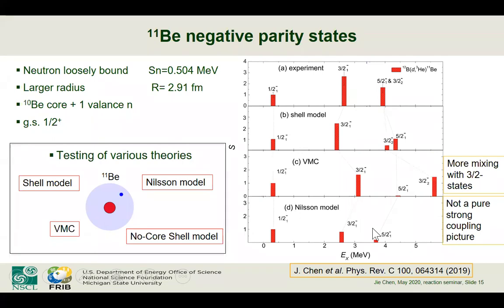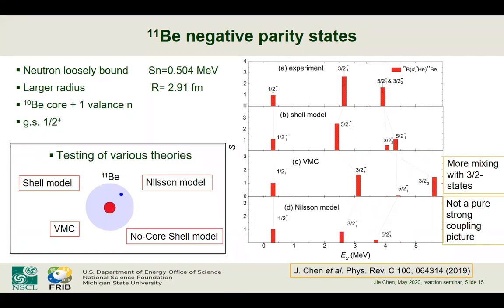With a strong coupling picture, we determine the spectroscopy factors, but these two are relatively smaller than the experiment. So this indicates boron-12 is not a strong coupling picture. The calculation within the decoupling scheme is still under investigation.